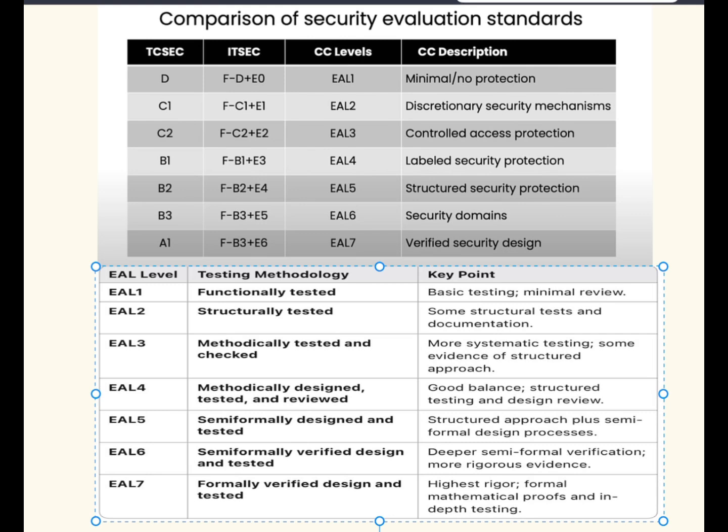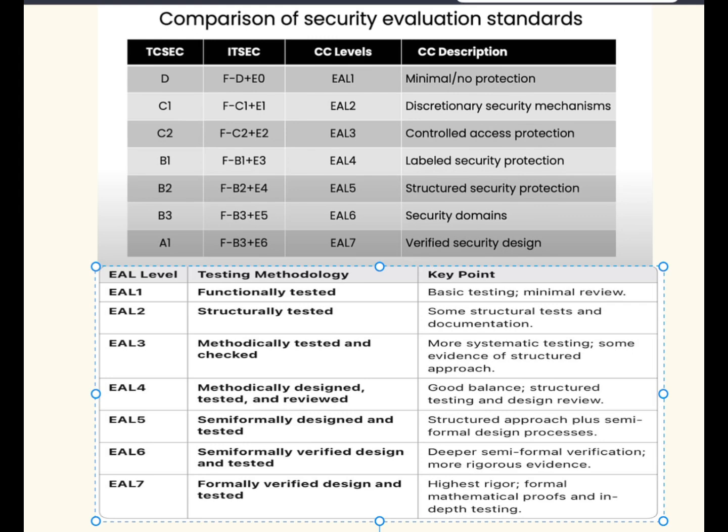Certification is internationally recognized and helps prove product security. TCSEC, the USA standard, and ITSEC, the European standard, paved the way but are no longer used for new certifications. That is about common criteria levels.